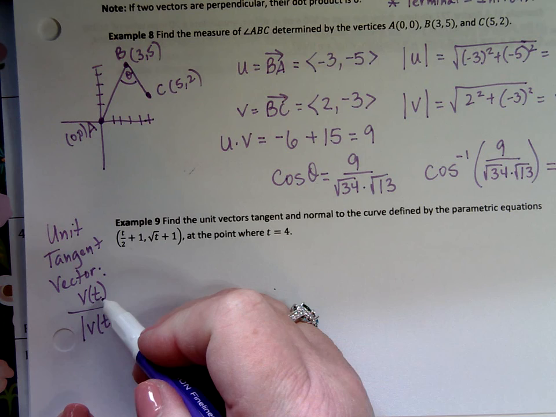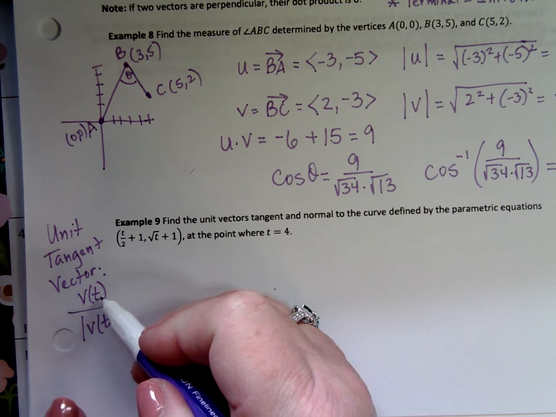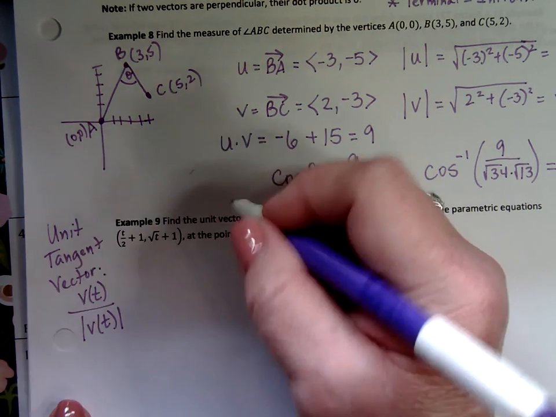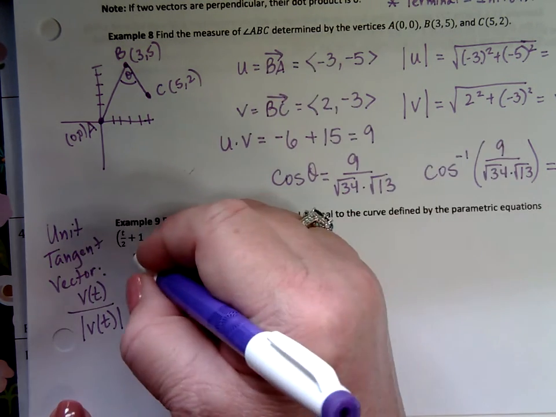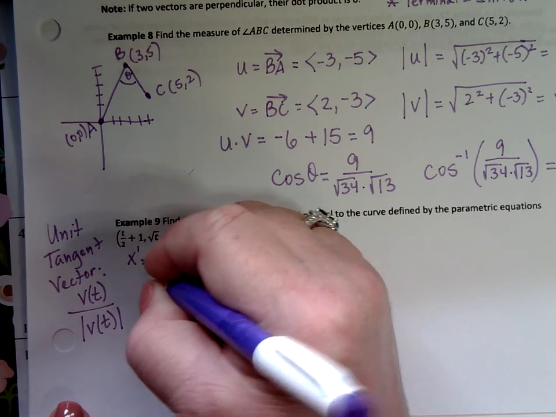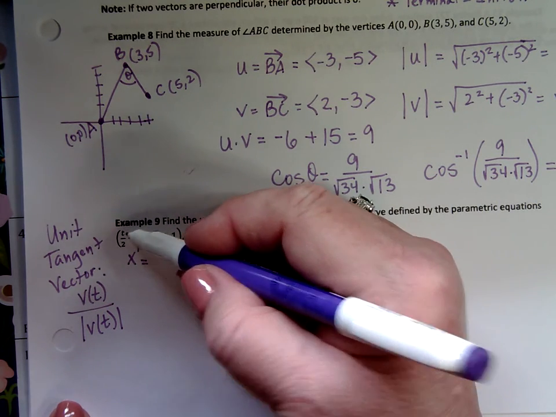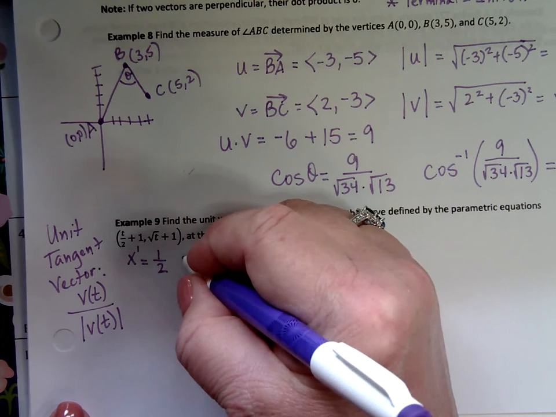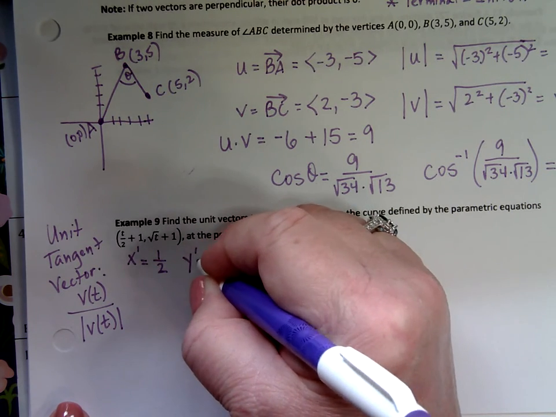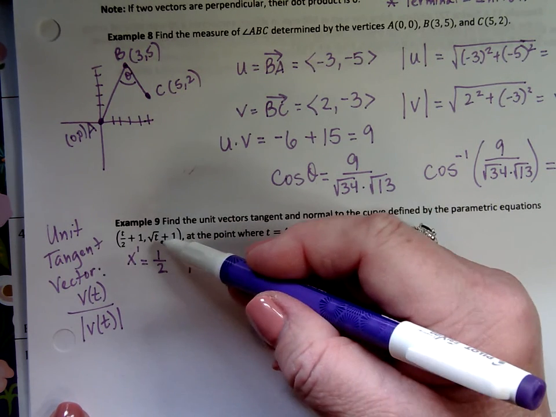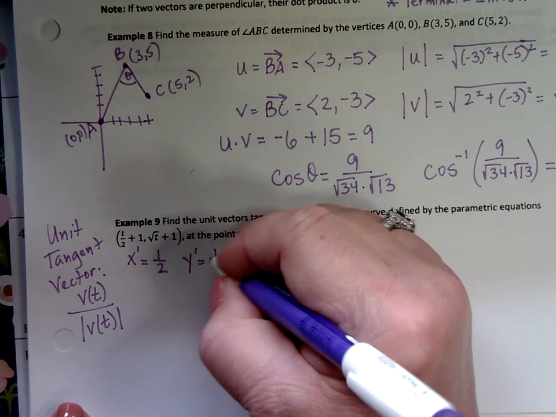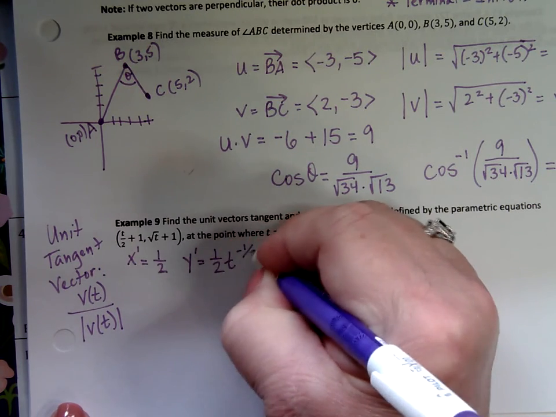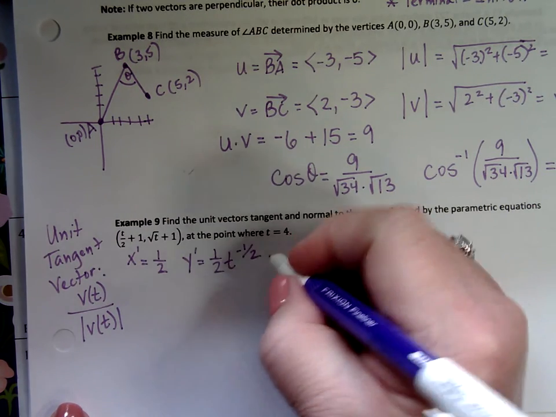V of t. So I'm going to look at my first term here and figure out what his derivative is, x prime. X prime would be 1/2 t, so it's just a 1/2, taking the derivative. If I take a derivative of the y term, y prime, this is the square root of t, so t to the 1/2, so it's going to be 1/2 t to the -1/2, or 1 over 2 square roots of t.